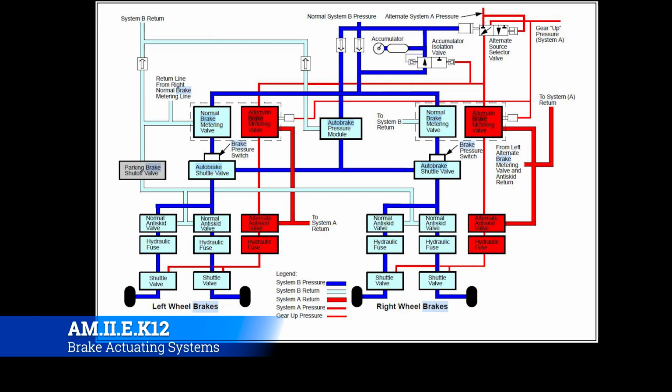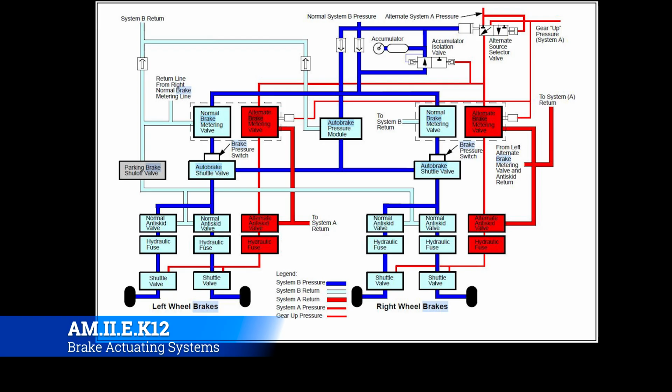And there are two check valves there that allow the pressure to flow into the brake system, but not turn around and go back up without at least encountering the accumulator isolation valve or one of those two check valves. It then flows down into the auto brake pressure module, the normal brake metering valve on both sides. The auto brake pressure module, we'll get to a little more when we talk about anti-skid and some other systems that intertwine with that.